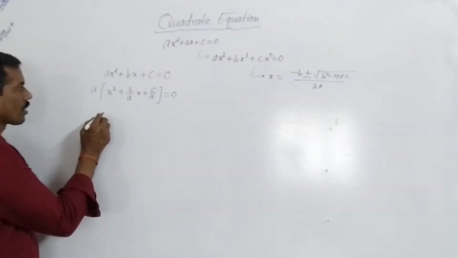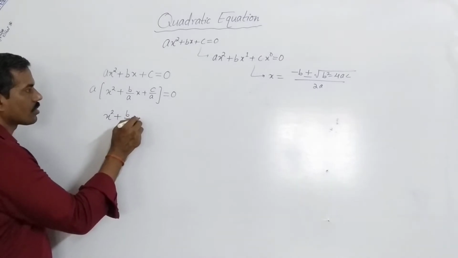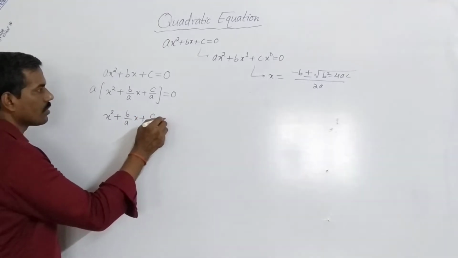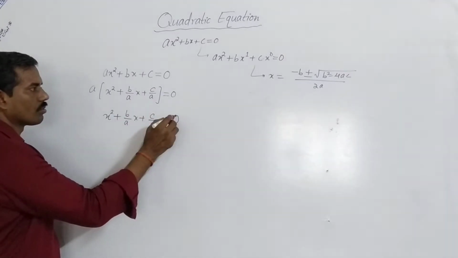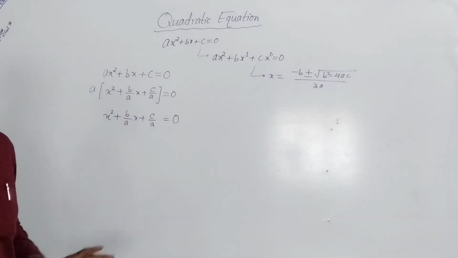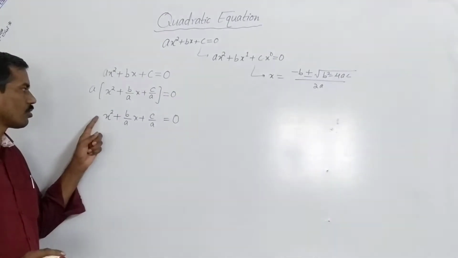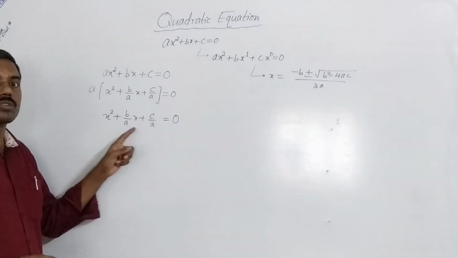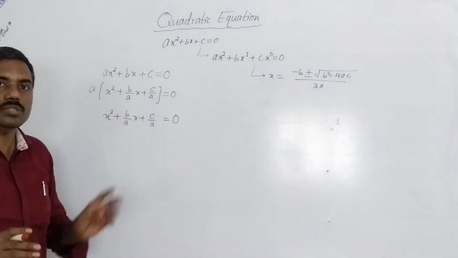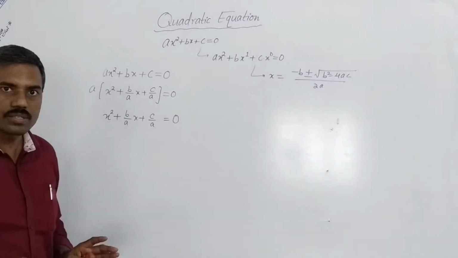We have x square plus b by ax plus c by a is equal to 0. In this equation, the coefficient of x square is 1, the coefficient of x is b by a, and c by a is the constant term.